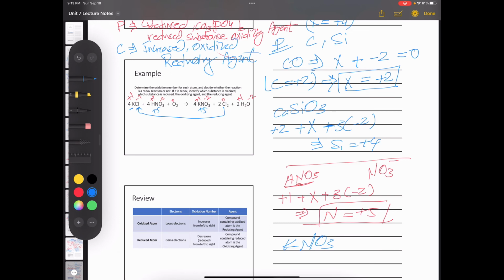So chlorine from negative 1 to chlorine 0, the oxidation number has increased, right? So we say that KCl is reduced.